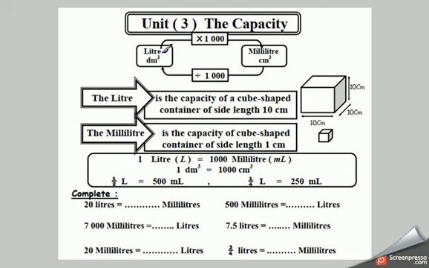Attention with me. The first unit is liter and decimeter cube. Decimeter cube.